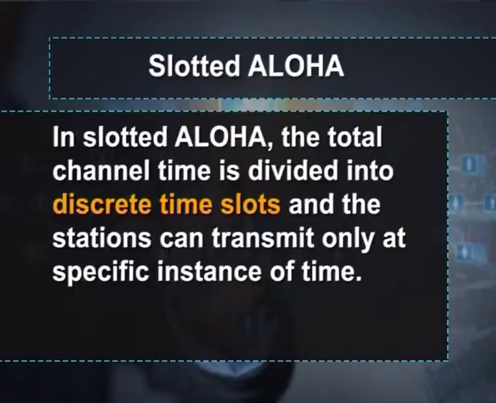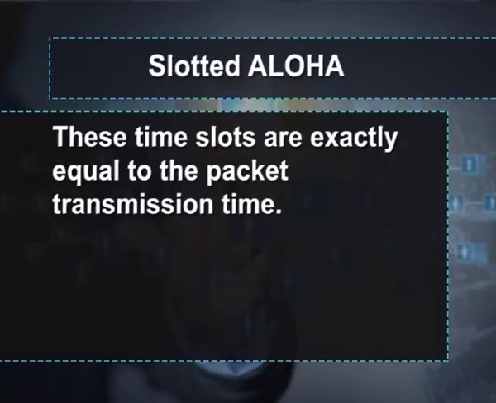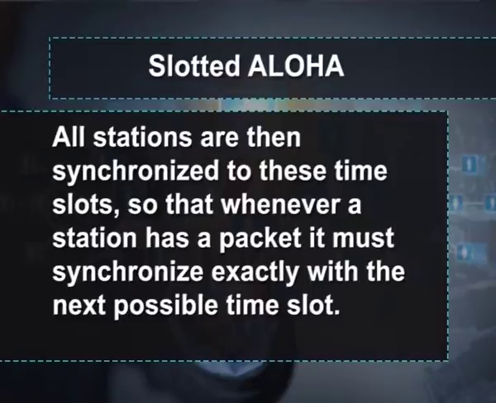In slotted Aloha, the total channel time is divided into discrete time slots and the stations can transmit only at specific instances of time. These time slots are exactly equal to the packet transmission time. All stations are then synchronized to these time slots so that whenever a station has a packet, it must synchronize exactly with the next possible time slot.